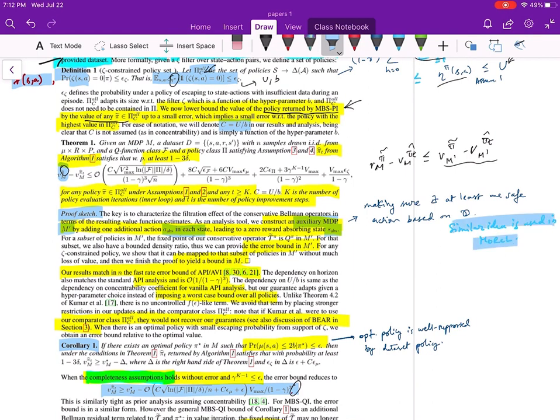So yeah, just putting out one of the quick ideas here: since this is very similar to model-based work, you could as well use M prime as your model and do a model-based RL algorithm.